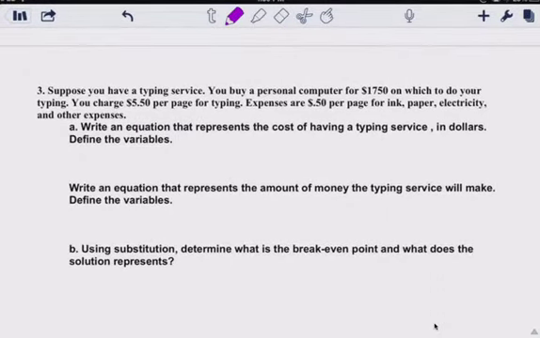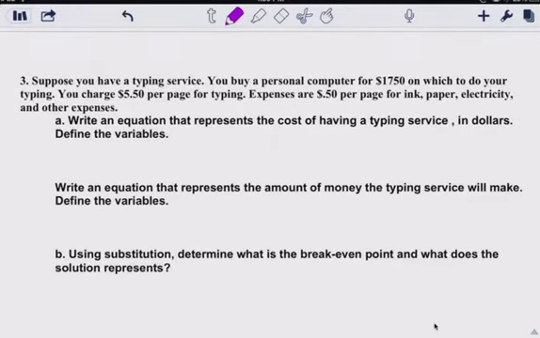Here we go. Suppose you have a typing service. You buy a personal computer for this much, on which you do your typing. So you're working on it, and it costs you $750.